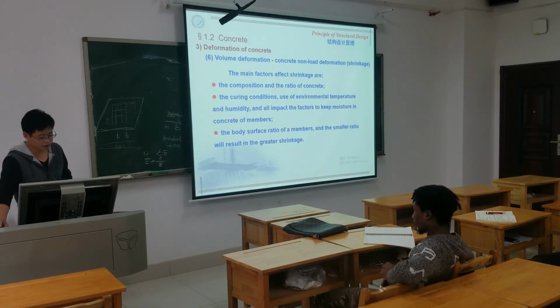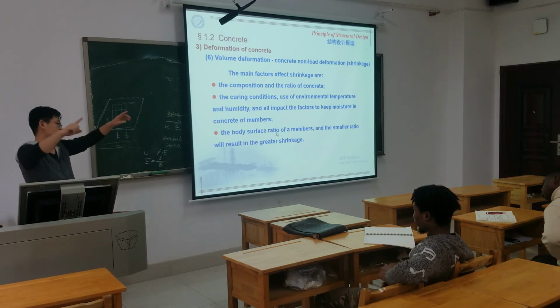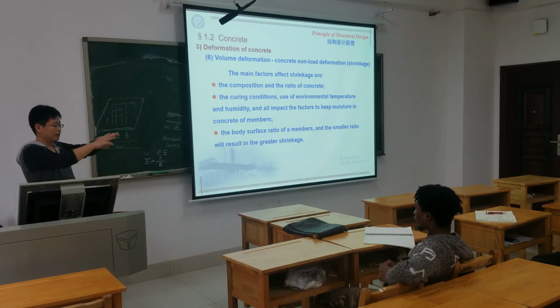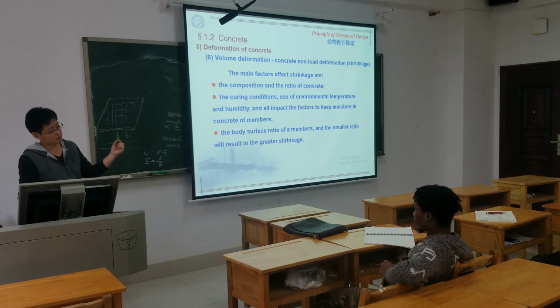Sometimes in this case, for some large abutments or the large anchorage of a suspension bridge, they use mass concrete. For this type of situation, the most serious problem is the effect of the temperature inside.